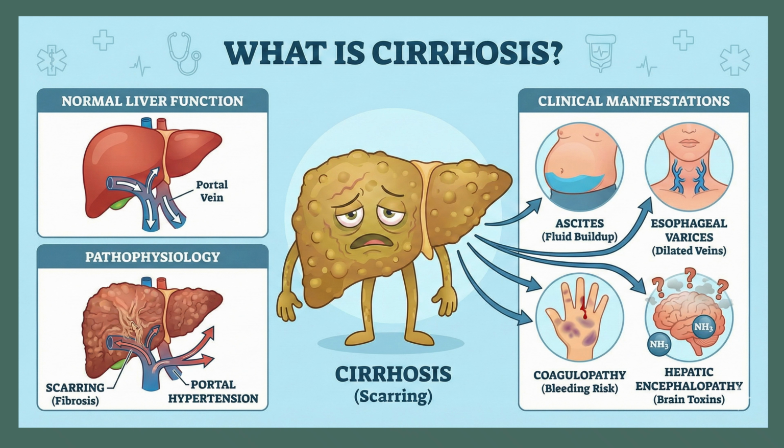Genetic connection may affect who is susceptible, and risk factors include chronic hepatitis, alcohol use, biliary disease, and conditions like non-alcoholic steatohepatitis, or NASH, which is a fat accumulation in the liver often seen in obese patients.